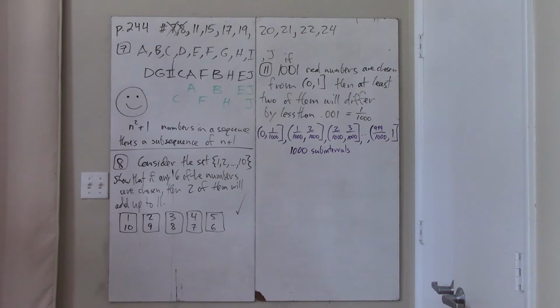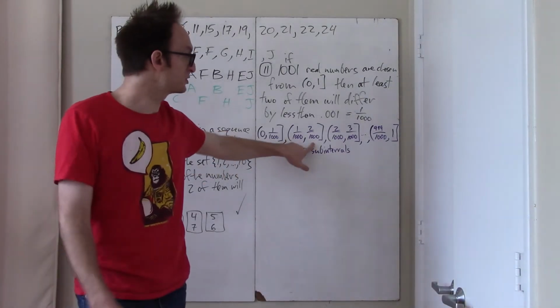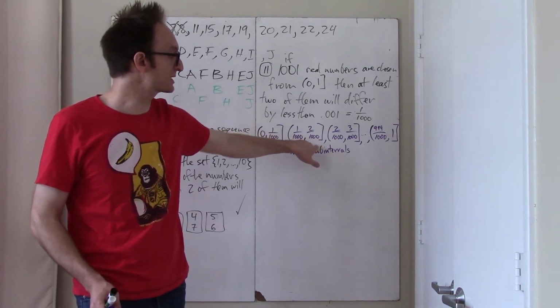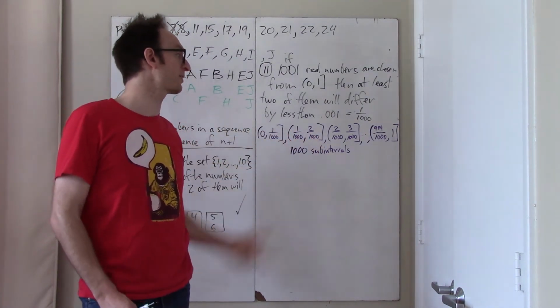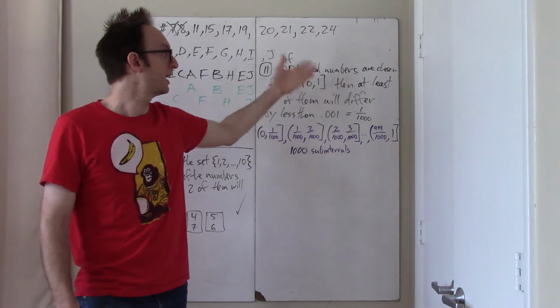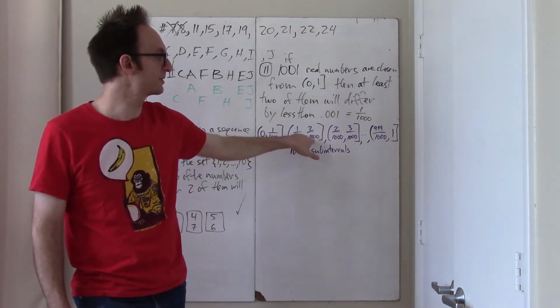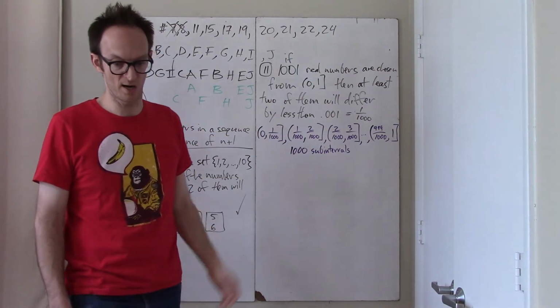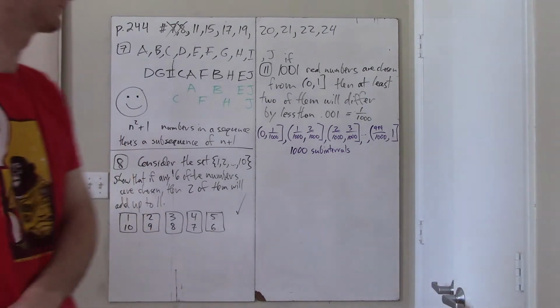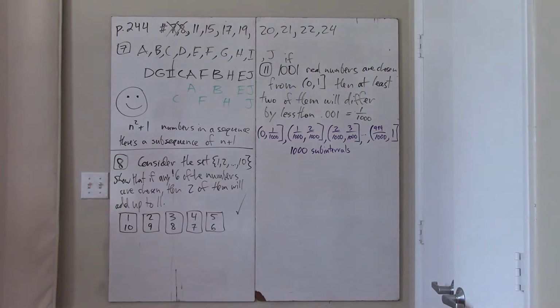And so one of these subintervals must contain two numbers, but these subintervals have been constructed such that they have a width of 1 over 1,000. And so if any two real numbers fall into the same subinterval, then those two numbers are less than 1 over 1,000 apart from each other. Okay, good. That was 11.